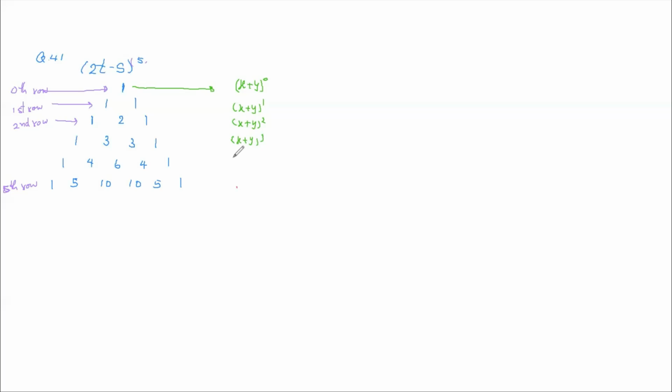The fourth row is x plus y to the power 4, and this one is power 5, on the fifth row. Now we only work with this one, power 5.